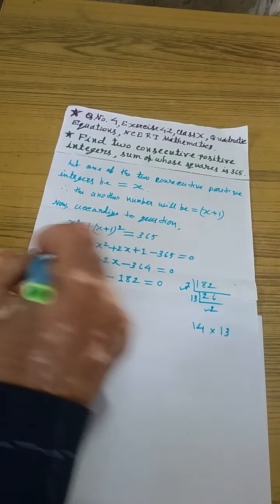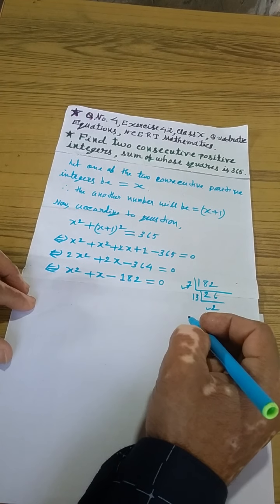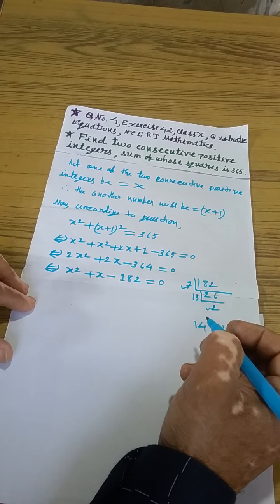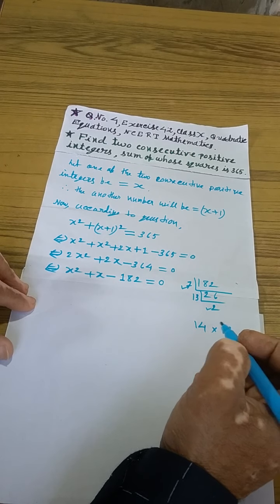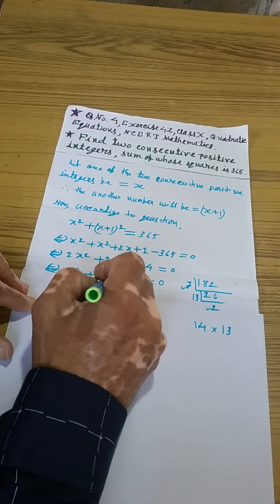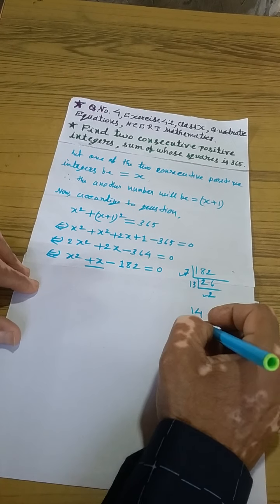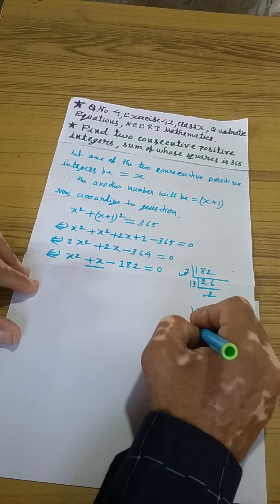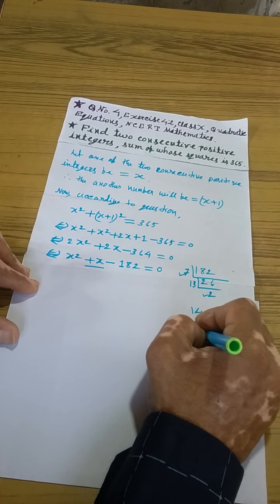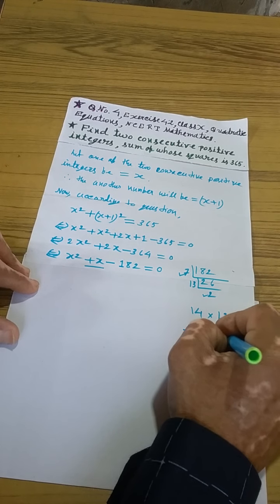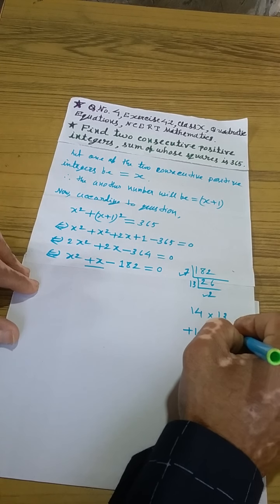So if we follow the factorization method of quadratic equation, in that case this middle term plus x can be replaced by plus 14x minus 13x.